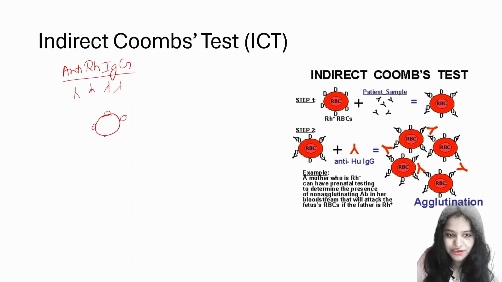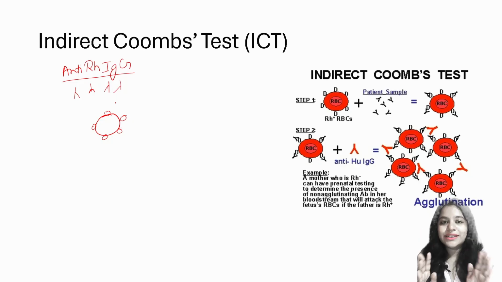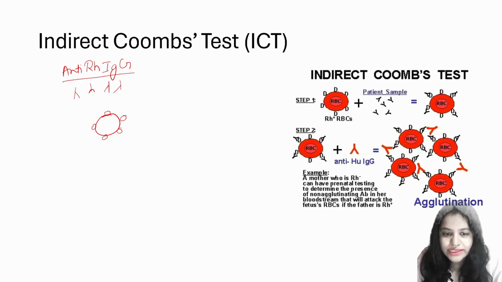This is what we have understood till now. Now, you see, for visible agglutination to happen, there needs to be clumping, okay? But these maternal IgG antibodies bind to only one RBC at one time, okay? But for agglutination to happen, we need antibodies which bind to more than one RBC at one point.